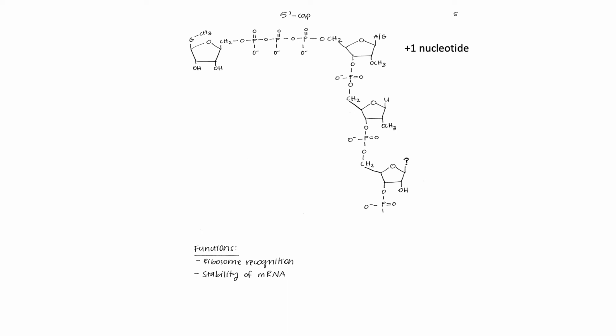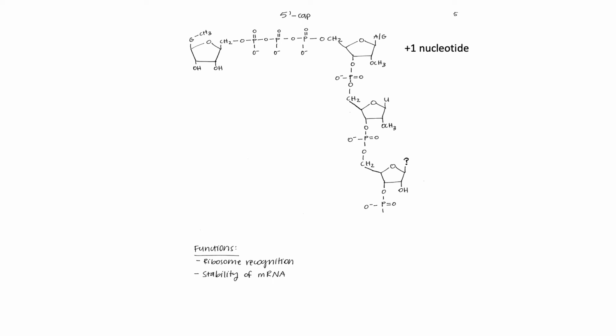And then it also is required for stability of the messenger RNA. There's nucleases in the cytoplasm and the nucleus that will degrade and chew off nucleotides from the start, also from the 3' end, also in the middle, but this helps stabilize the message. So that's the 5' cap.